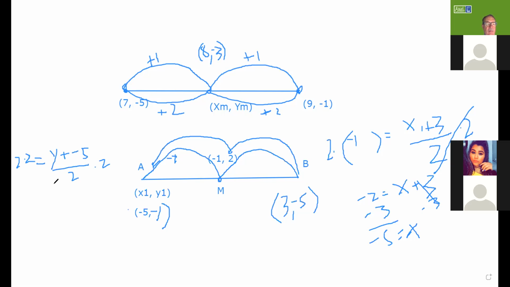That's just your basic algebra equation solving. And I did this wrong visually, so now I am going to get a different answer here. Anybody want to tell me what I did wrong before?